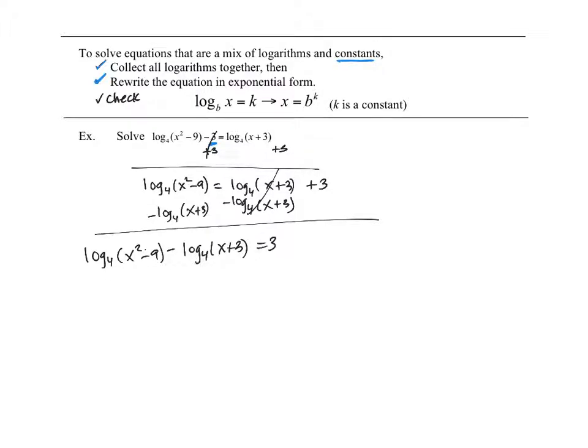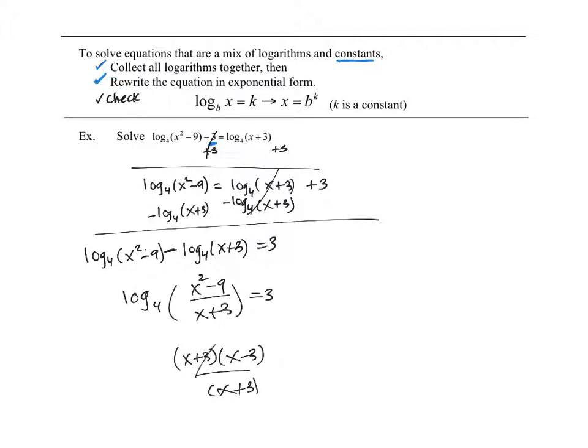And then I can use my properties of logs. I've got subtraction here, so I can rewrite that with division inside the argument. So x squared minus 9 over x plus 3. And this looks like I could simplify it a little bit, because x squared minus 9, that could factor. And then my x plus 3's would simplify, so that's still log base 4 of all this stuff.